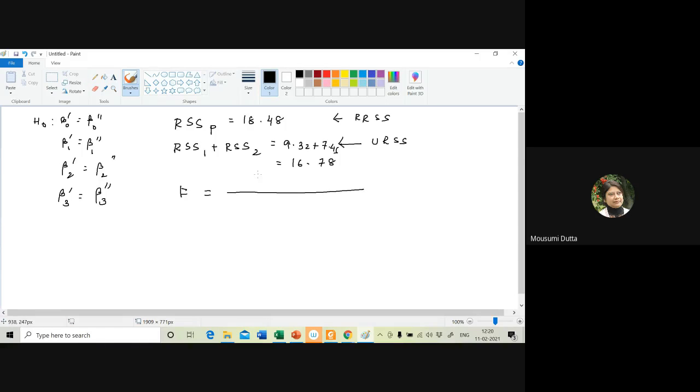The formula is RRSS minus URSS. So here we will write RSSP minus what is the number of restrictions here? 4.